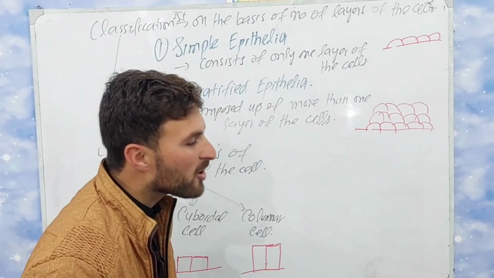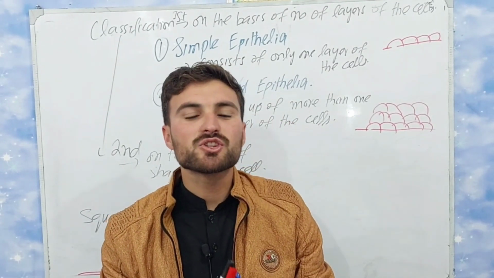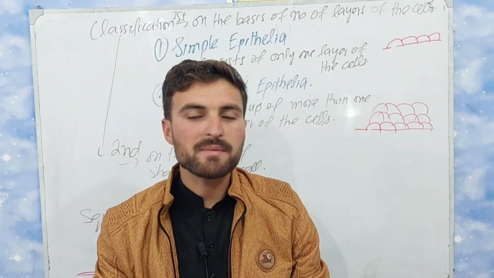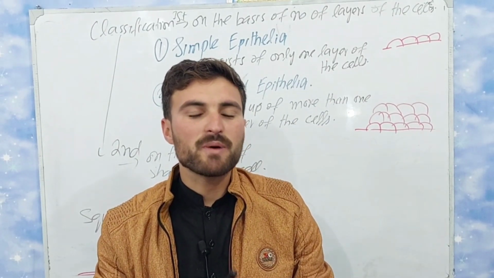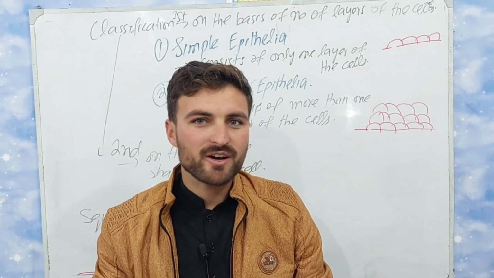So on the basis of the shapes of the cell, the simple epithelia have three main types. The first is simple squamous epithelia, the second is simple cuboidal epithelia, and the third is simple columnar epithelia.